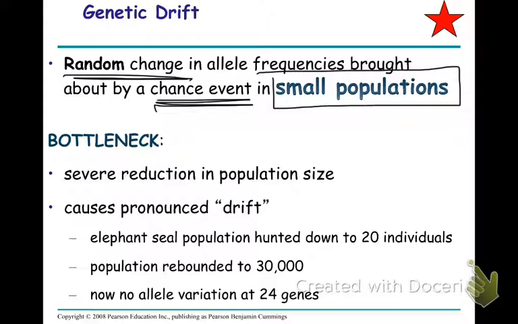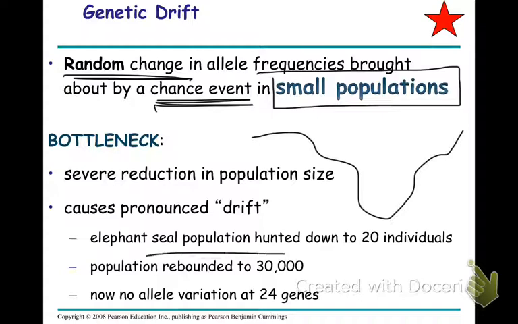So the bottleneck effect, basically, you can have a severe reduction in population size. One example that they give here is the elephant seal population. Previously there was a lot of them all over the Arctic coasts, in the northern hemisphere near the colder areas.